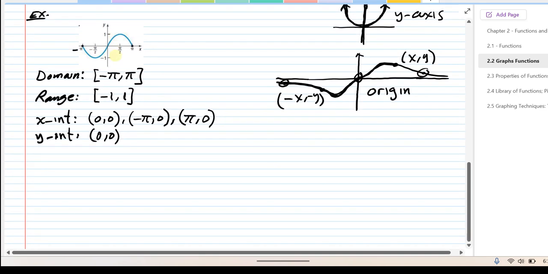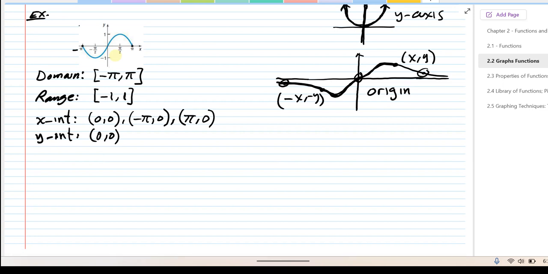Okay, got the domain, range, and x, y intercepts. Let's do our symmetries. Is this thing symmetric with respect to the x-axis? Well, if it's symmetric with respect to the x-axis, then that means, like the one above it we just did, that this portion has to have a reflection here.